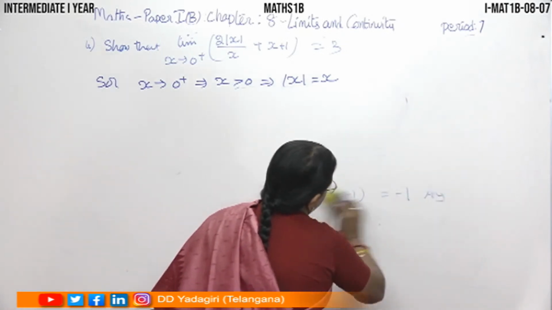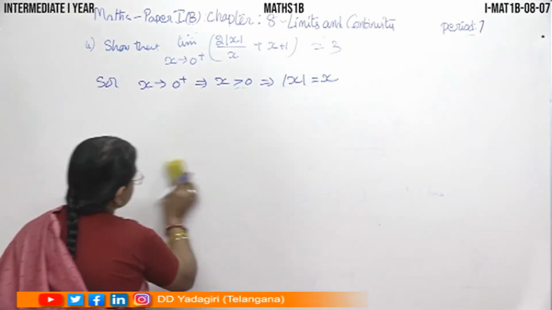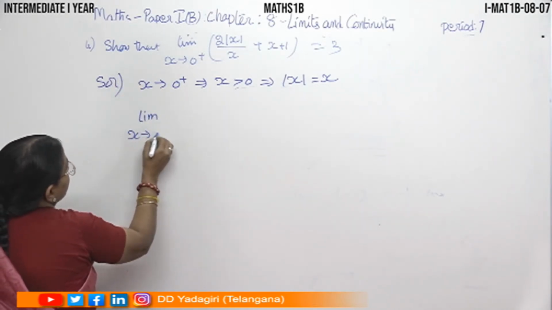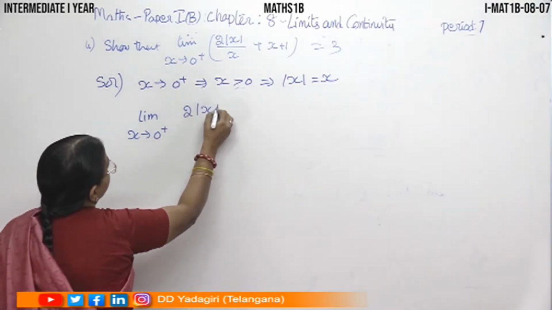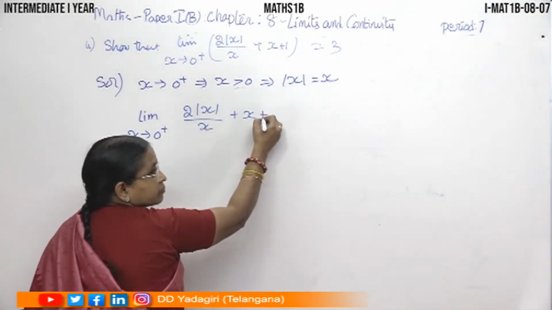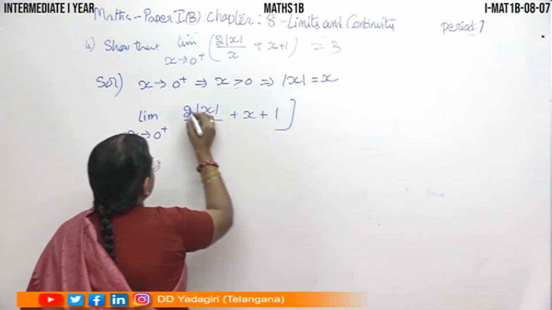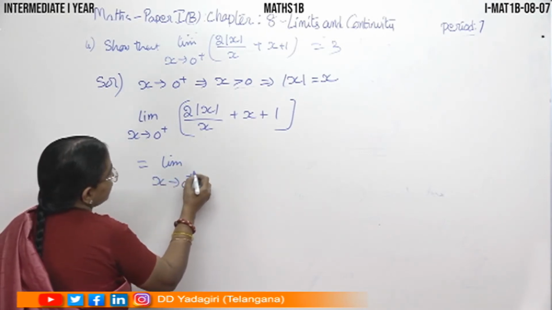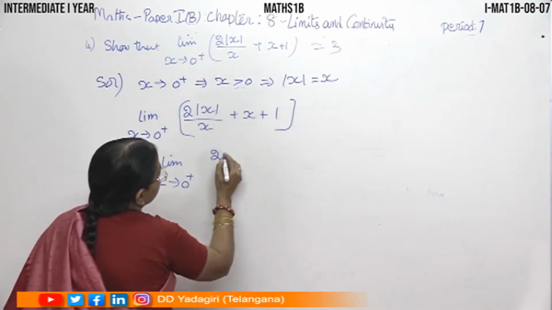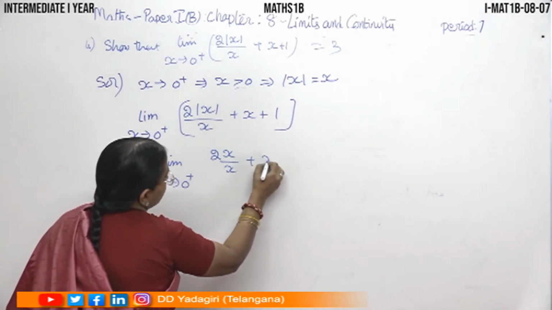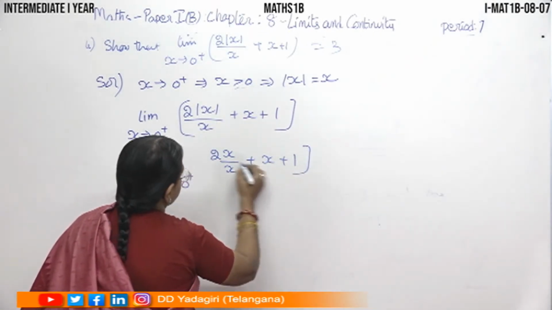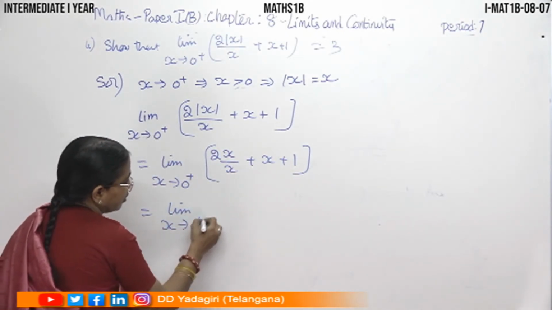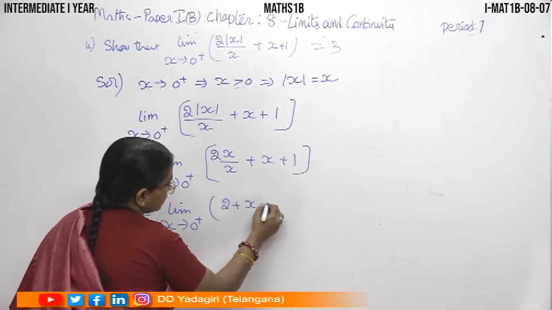These are very important problems. In these left limit and right limit problems, you get this type of problems only in the exam. The limit as x tends to 0 plus of 2 mod x by x plus 1 is equal to the limit as x tends to 0 plus of 2x by x plus 1, since mod x is x only now. So that means the limit of 2 plus 1.